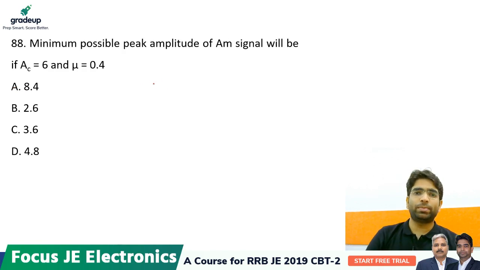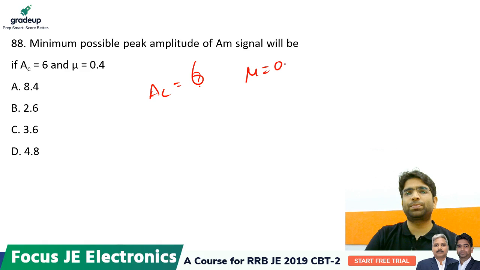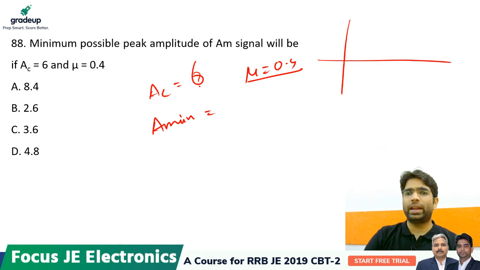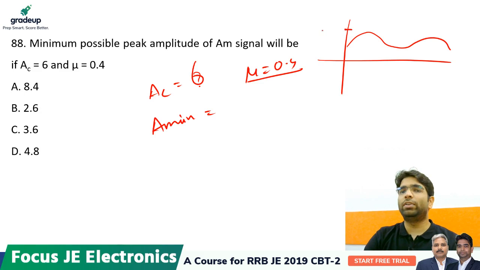What is the minimum possible peak of the AM signal? You have AC as 6 and mu as 0.4. If it is an AM signal, the envelope is like this, with A max and A min.